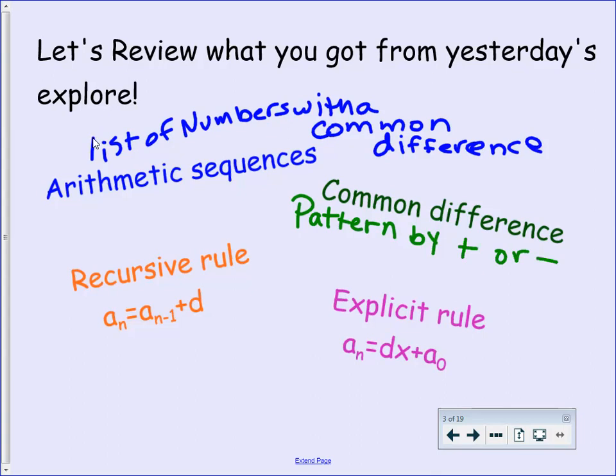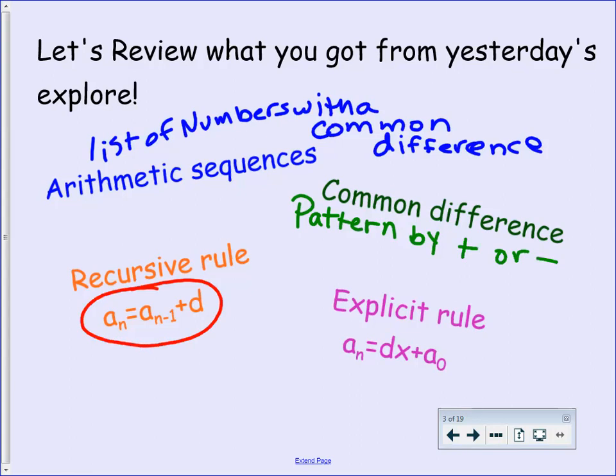Now, with an arithmetic sequence, since I have this pattern, I need to also be able to figure out some rules. There's what's called the recursive and explicit rule. You saw these a little bit yesterday. The recursive rule is a_n equals a_(n-1) plus d.